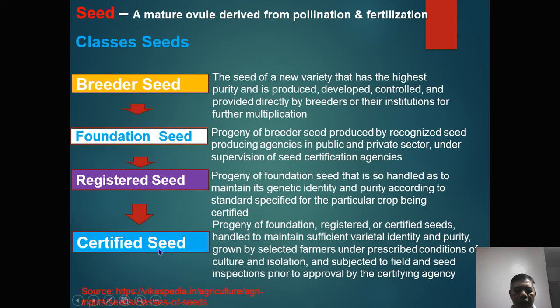And the last one is certified seeds. This is the progeny of foundation, registered or certified seeds handled to maintain sufficient varietal identity and purity, grown by selected farmers under prescribed conditions of culture and isolation, and subject to field and seed inspection prior to the approval by the certifying agency.